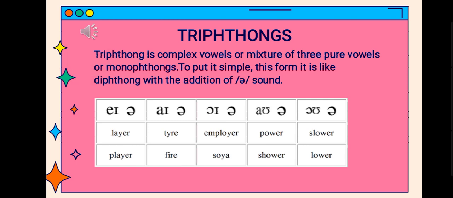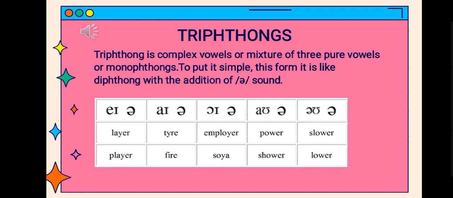After understanding diphthongs, we will talk about triphthongs. But first of all, my name is Charline Margia Ansori, and my student ID is 1932001617. So, a triphthong is a complex vowel or a mixture of three pure vowels or monophthongs.